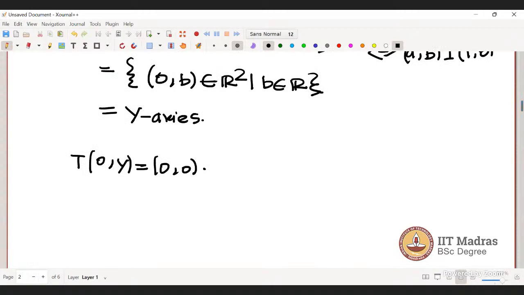That way you have to make the matrix using the standard ordered basis. You can pick any basis and with respect to that basis also you can, but certainly it's easier if you do it for the standard ordered basis. Okay.